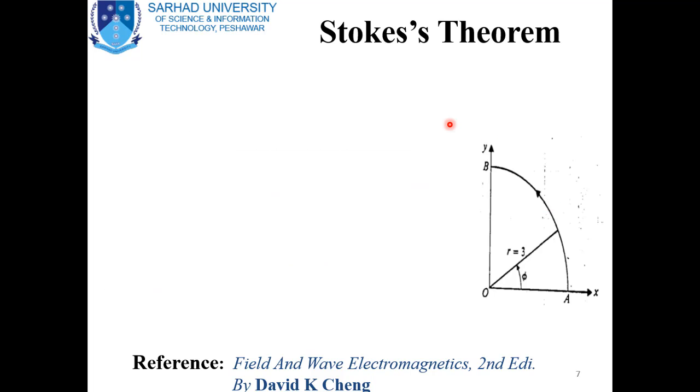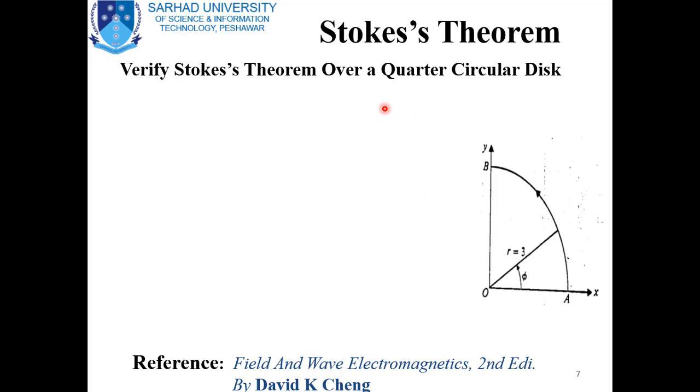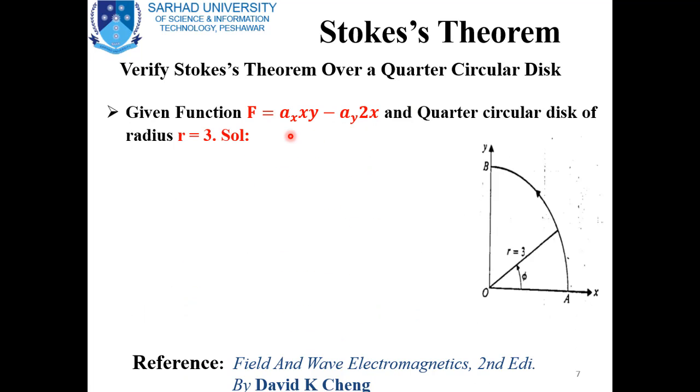Now we will study a few examples related to Stokes theorem and curl of a vector field. In this slide we will verify the Stokes theorem for a quarter circular disk, and the given function which varies over the circular disk is f equal to ax xy minus ay 2x.